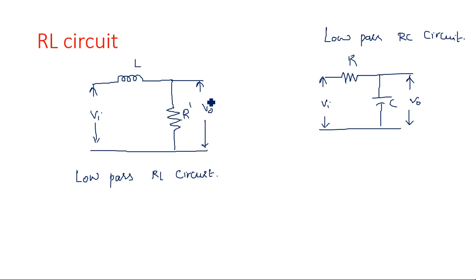That becomes a high pass RL circuit. Don't do that. This RL circuit gives you a low pass filter only when the construction is like this: inductor followed by resistor. This constitutes the low pass RL circuit.